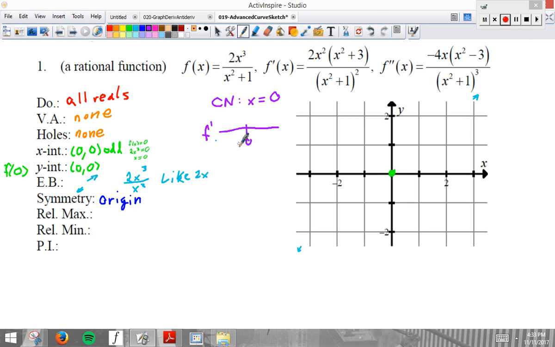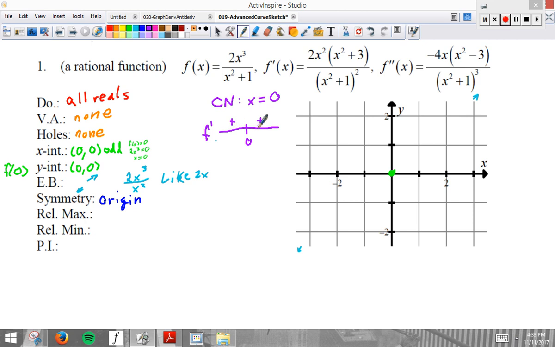So, before 0, we're talking about a value like -1. I would expect most of you to be able to see that this denominator must be positive. This part of the numerator must be positive, and this part must be positive. So in fact, there are no possible sign changes.